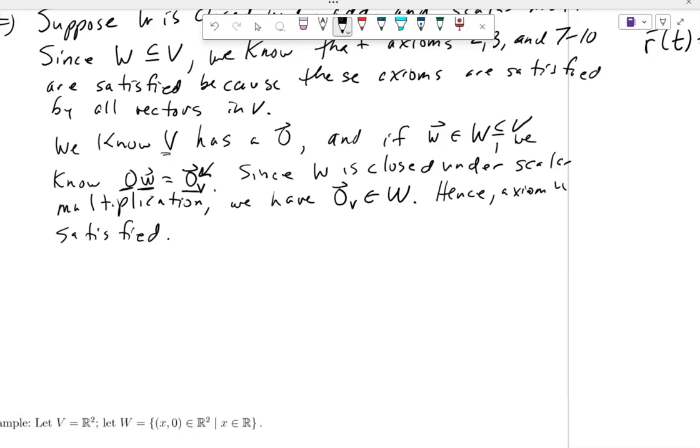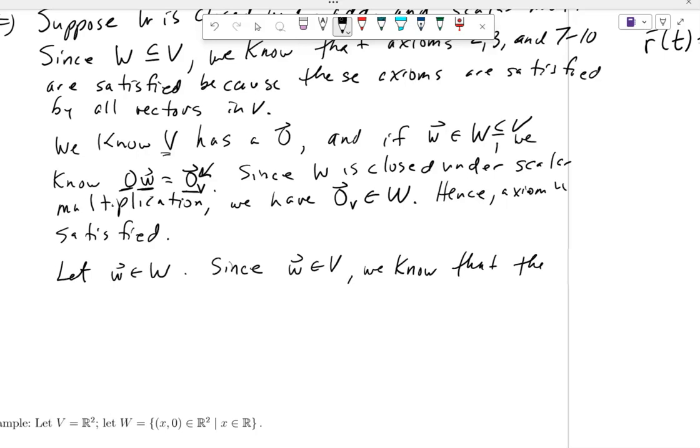Okay. So now let little w be in capital W. I need to show its additive inverse is in there as well, right? Since little w is also in V, we know that the additive inverse of w lives in V for certain, right?